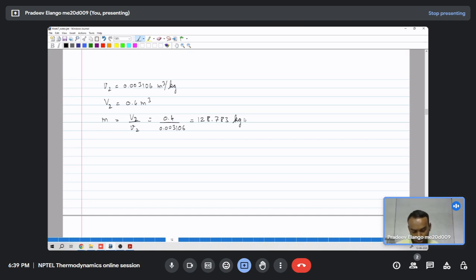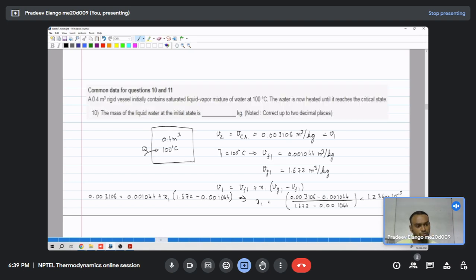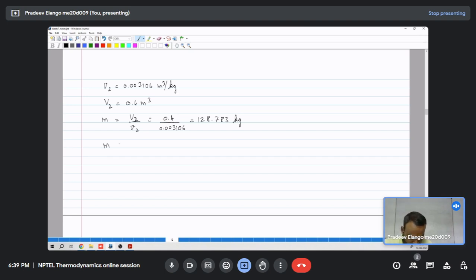So this is the total mass, and we know the dryness fraction is 1.234 into 10 power minus 3. The dryness fraction is mg by mf plus mg. So the denominator we know, and the left hand side is also known.